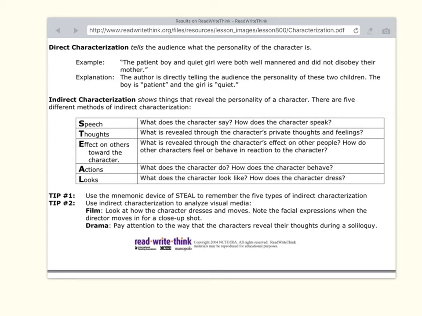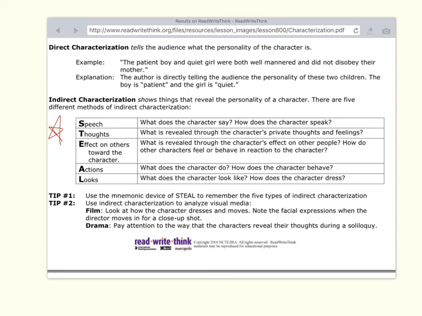If you look here, they have this mnemonic, STEAL. Indirect characterization is told through these 5 methods: speech, thought, effect on others toward the character, actions, and looks. And then it breaks it down over here in this other part of the chart into questions to ask about that.